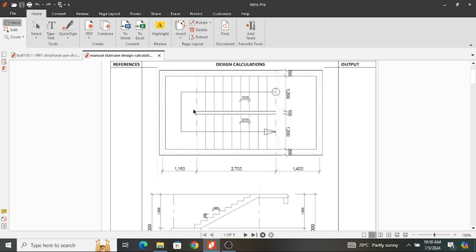Because sometimes if you have steps here, you could be having a wall or a beam that is carrying this landing part. Therefore, you can distribute part of the loading to this structure here, such that you assume that this structure is distributing its load to these supports along this axis.